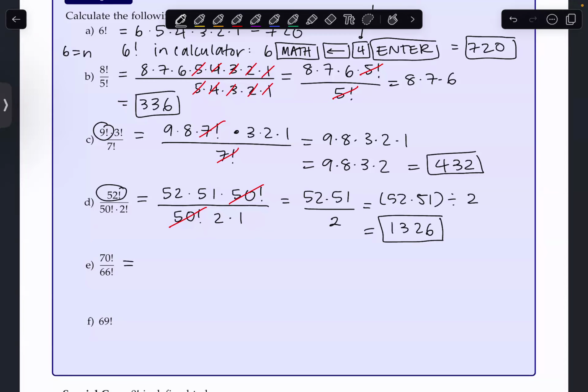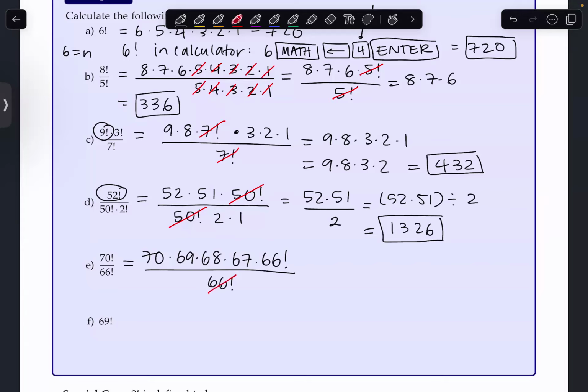Here, this one's simpler because I don't really have any options. I'm going to write 70 factorial to have that 66 factorial show up. So I'm going to stop when I see 66. So I'm going to do 70, 69, 68, 67, and then 66 factorial over 66 factorial.